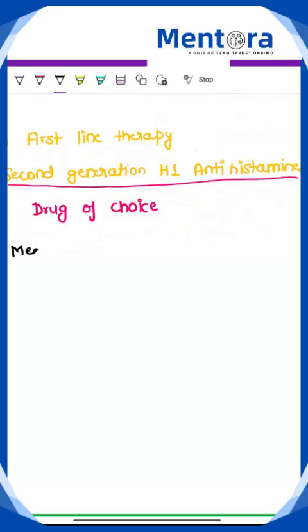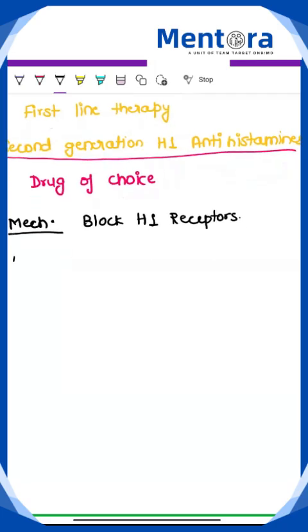The mechanism of second generation H1 antihistamine is they block H1 receptors. Advantage of this drug is it is non-sedating.